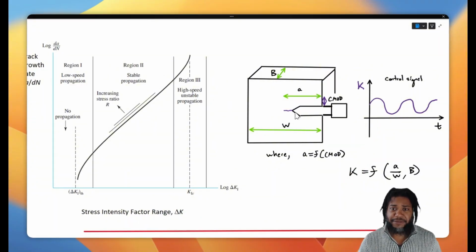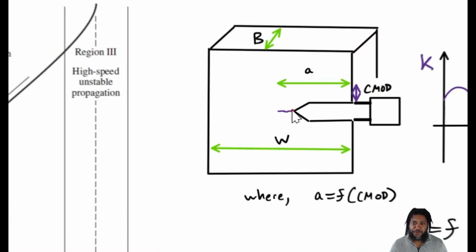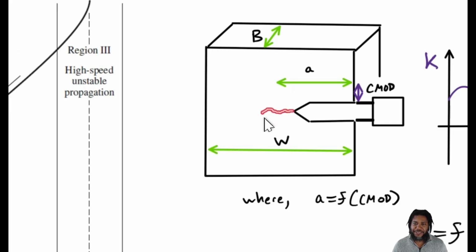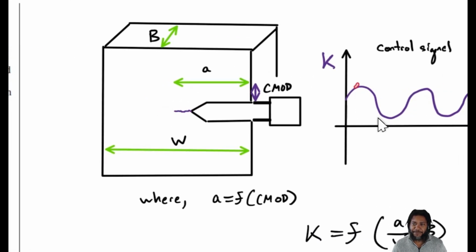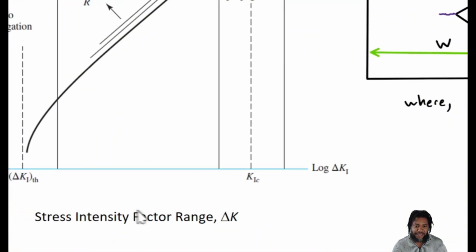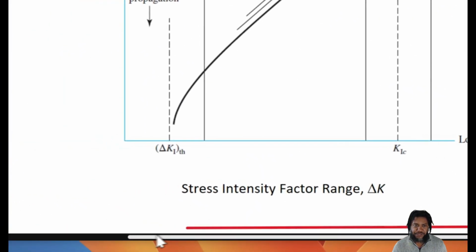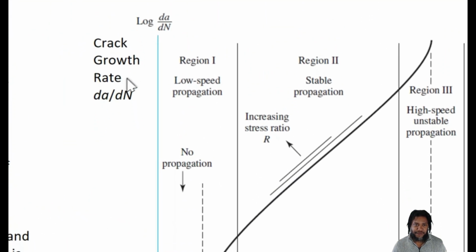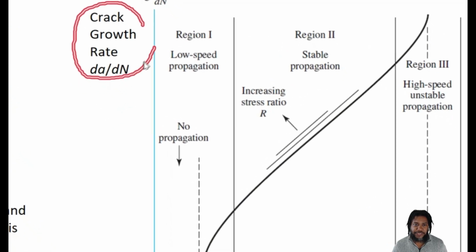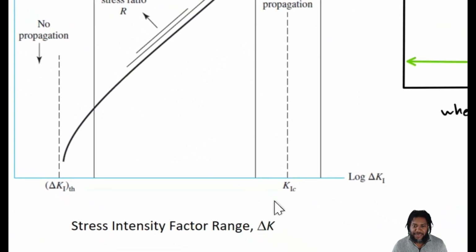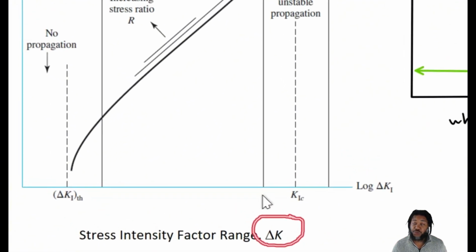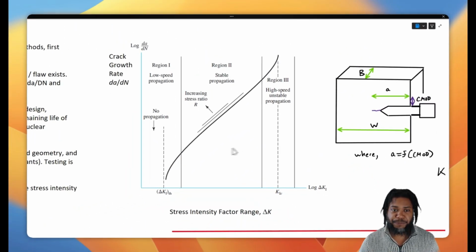But what's great about this technique is if we can both map how long the crack is and control by that K parameter, we can then map a fatigue crack growth curve that tells us how quickly the crack is growing as a function of a given stress intensity factor range.